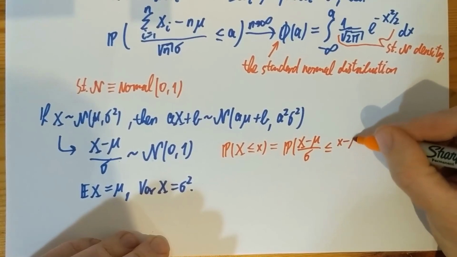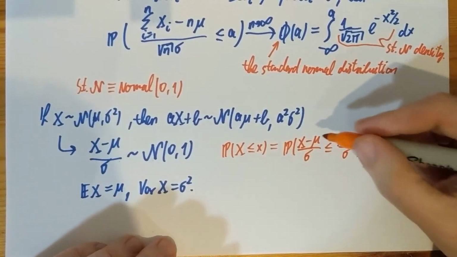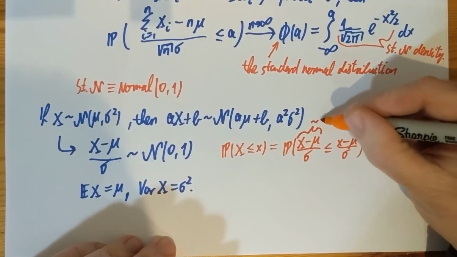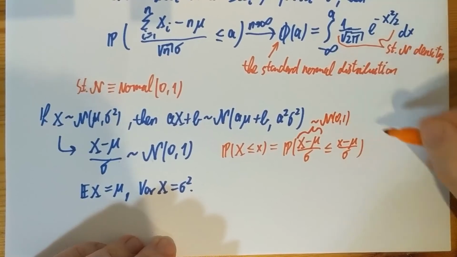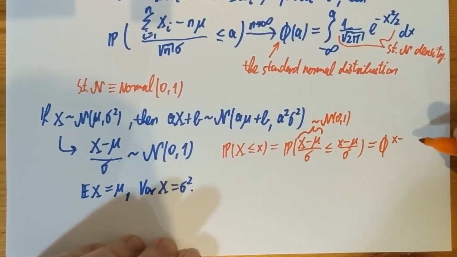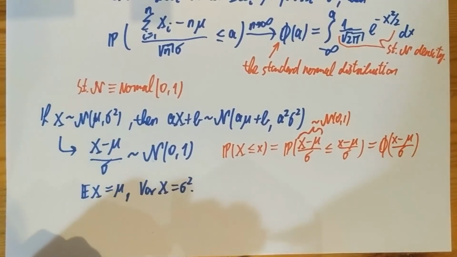Sigma is always positive, so I can divide by it without changing the inequality. And now you can say that this guy here is standard, and straight away you get the distribution function of standard normal, which is phi at little x minus mu over sigma.